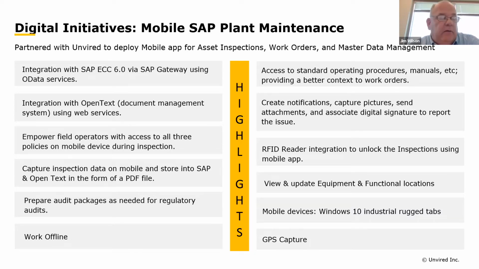We have full tracking from the failed inspection all the way through the notification, the remedial work order, and the follow-up inspection. There's a full tracking report for that in SAP for our HSE users specifically.